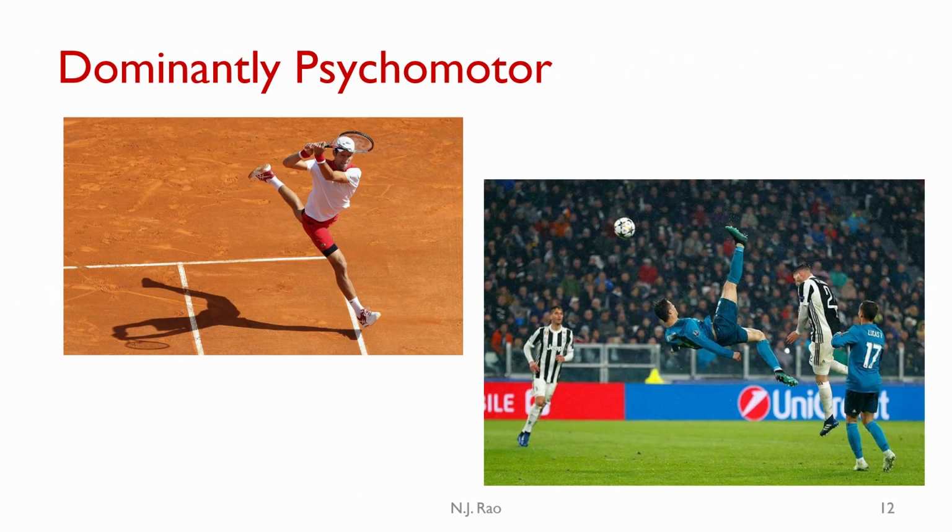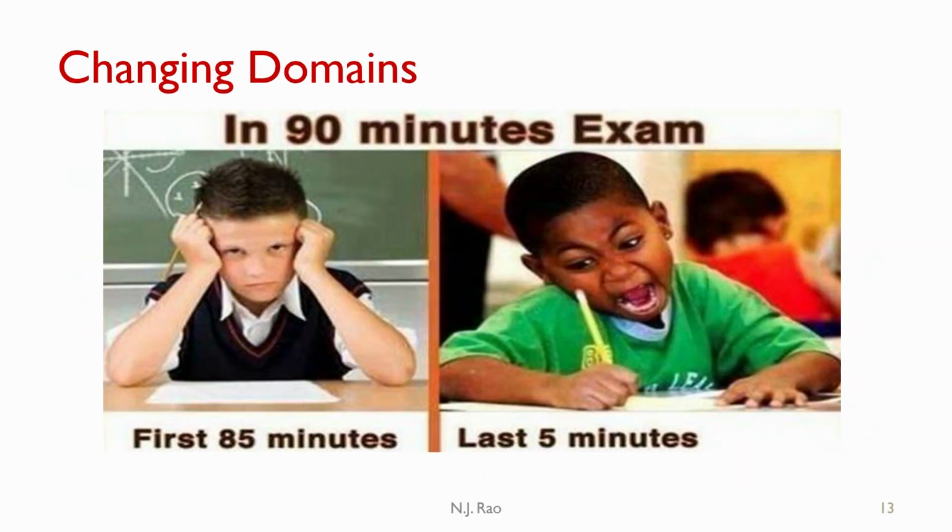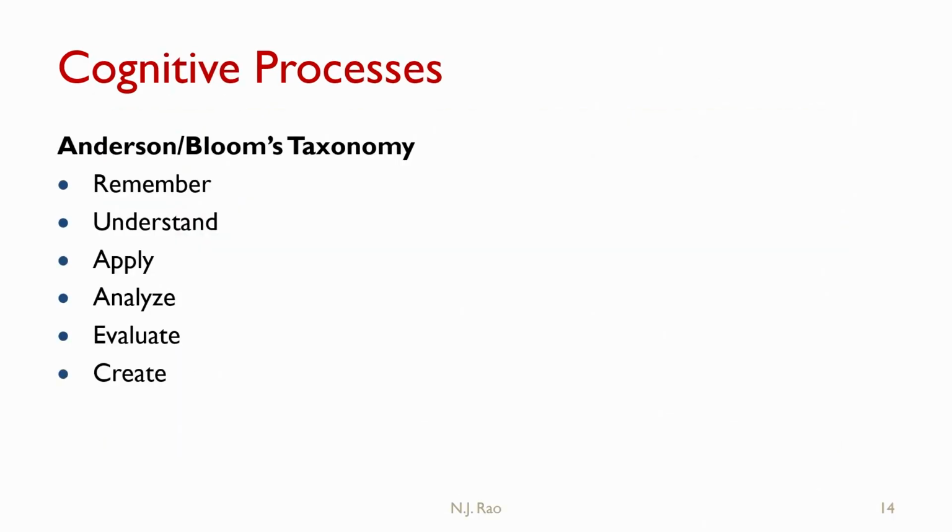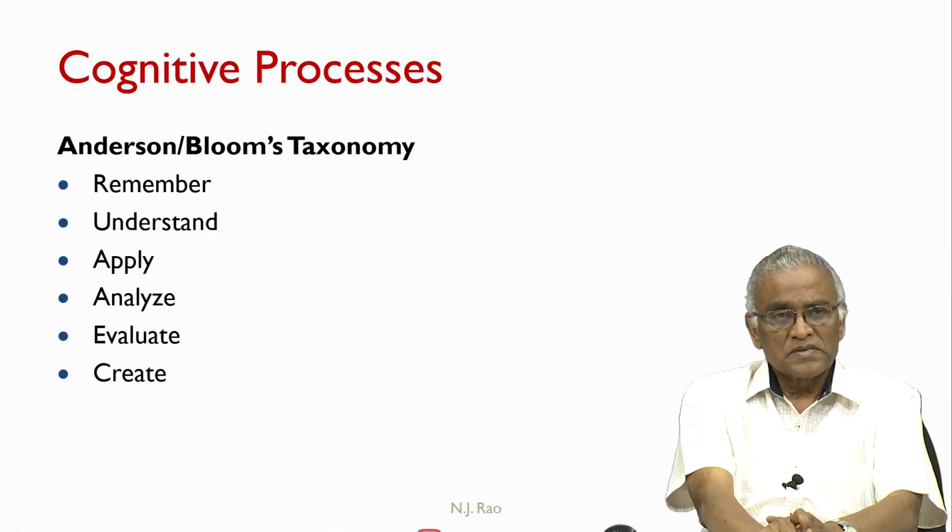In a particular experience, at different points of time, you can have different domains dominating. For example, if you are looking at an examination, how the student spends time: the first part is dominantly cognitive, and as you approach the end of the examination it could become very psychomotor as well.